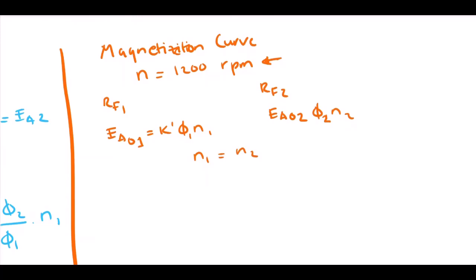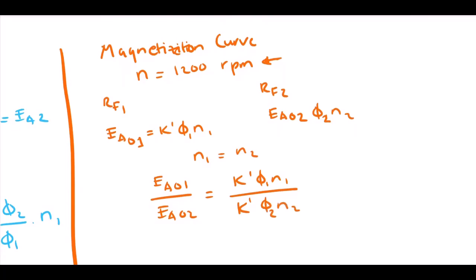and therefore if you write them down in ratio format, because n1 is the same as n2, then we can cross this n out.